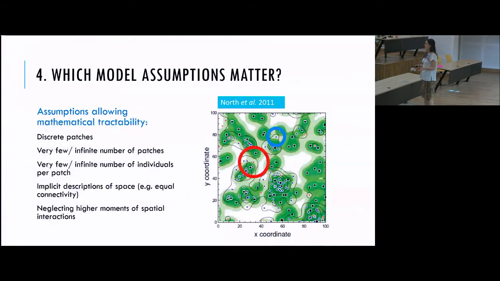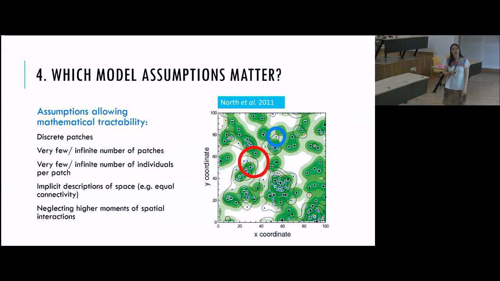What people had to do was basically write a mathematical model that you could solve, and you could get answers about the evolution of dispersal based on this model. So to allow mathematical tractability, those models in general made a number of very strong assumptions about the nature of space or the nature of dispersal and so on.